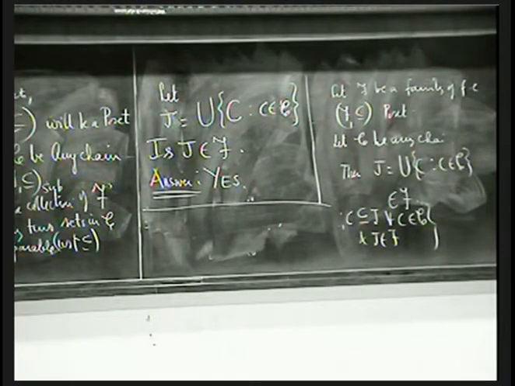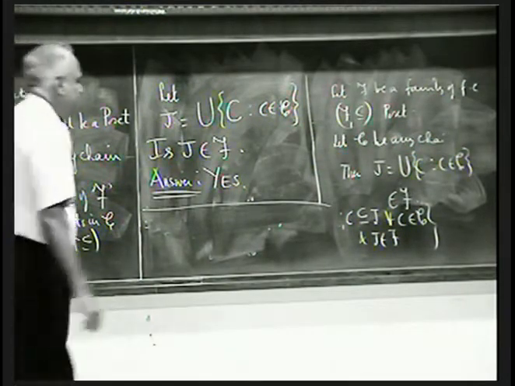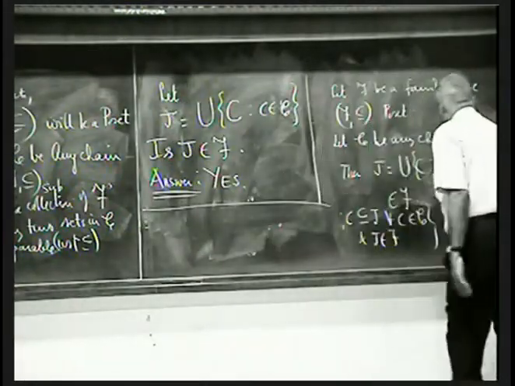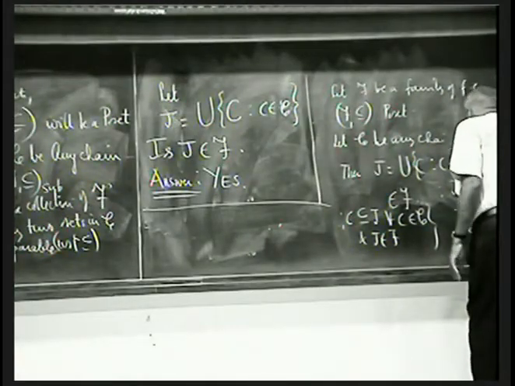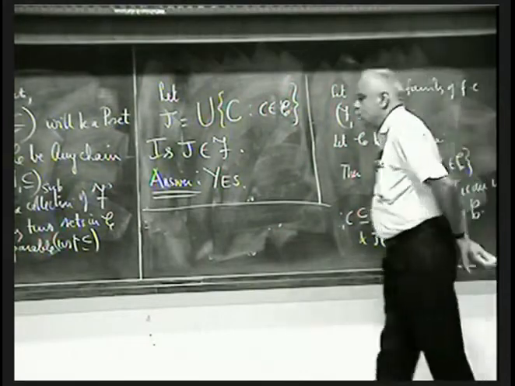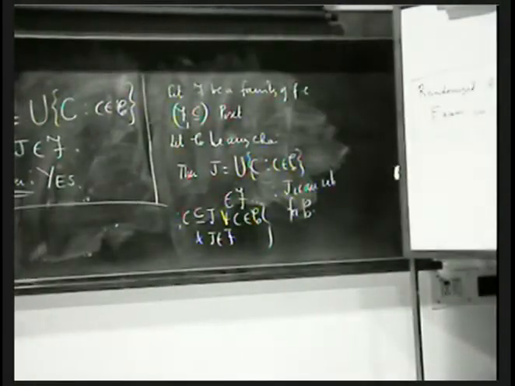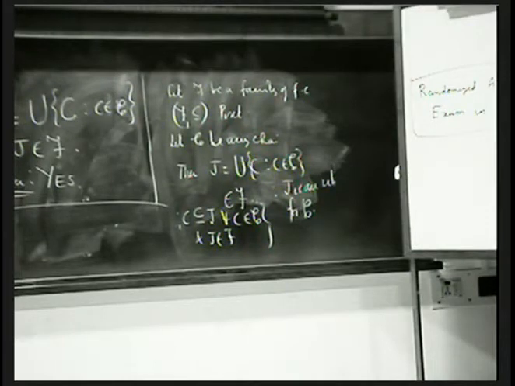What do you call that property? Upper bound. J is an upper bound for C. So what does that say? In the partially ordered set F, every chain has an upper bound.